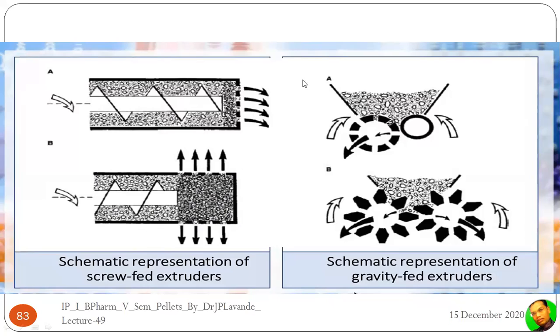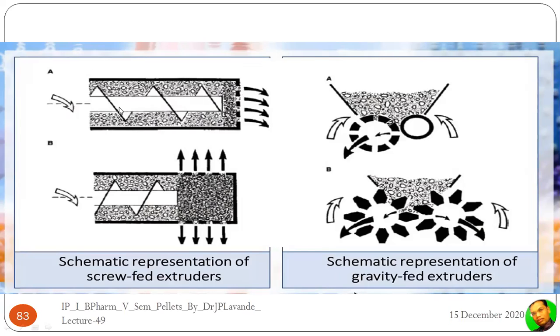Onto the right hand side, you can see that there is a schematic representation of the gravity fed extruder. This screw fed extruder, you can compare it with the household device which we are using to produce the well-known recipe known as sevaya, isn't it? Are you getting my point? Right? So that sevaya machinery contains the same kind of device.